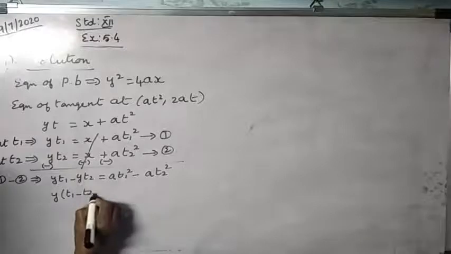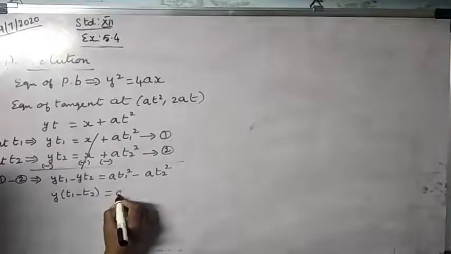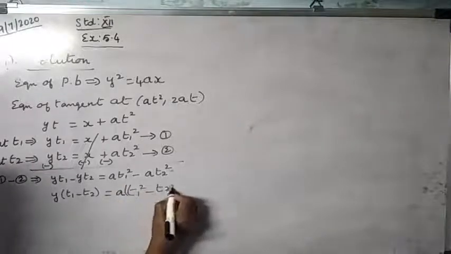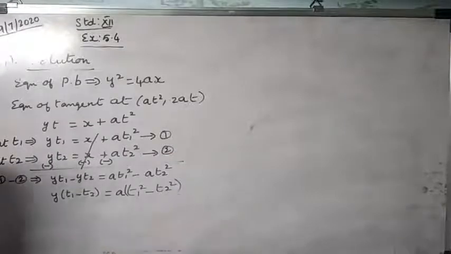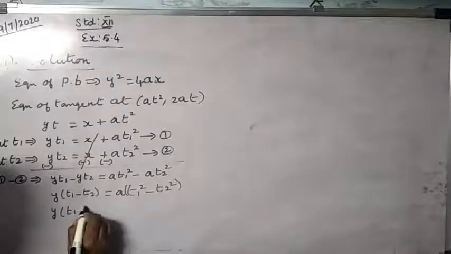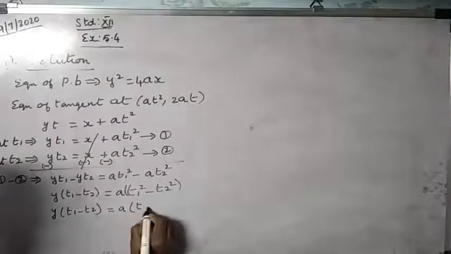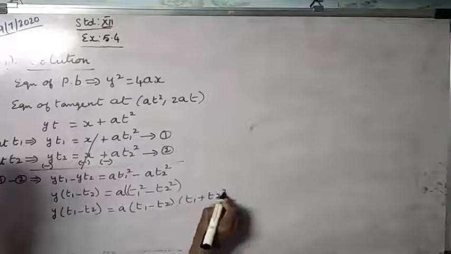Here t1 minus t2 is equal to, take a as common, t1 square minus t2 square. Now use the formula a square minus b square. What is the formula? a plus b into a minus b. So you take y of t1 minus t2 is equal to a of t1 minus t2 into t1 plus t2.